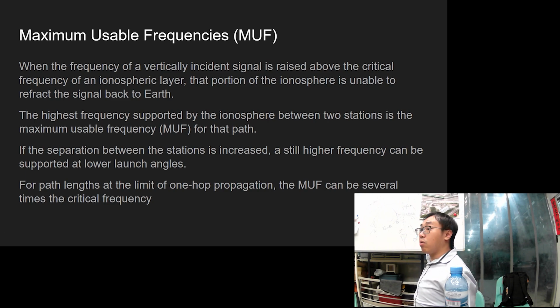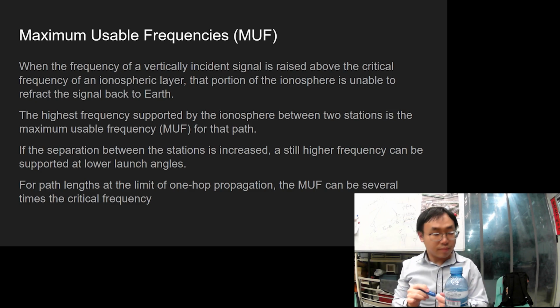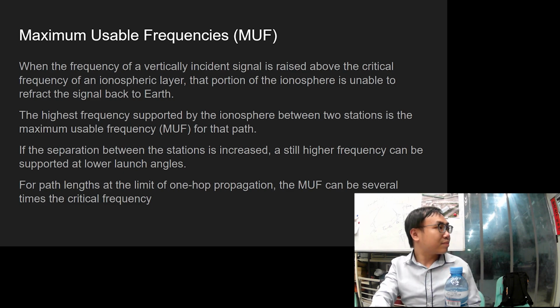Sometimes you are not emitting at 90 degrees, not vertically. You are emitting through an angle, so the frequency changes. This time, the frequency that will be reflected to the Earth is called MUF. It is not the critical frequency anymore. This one we call critical frequency.